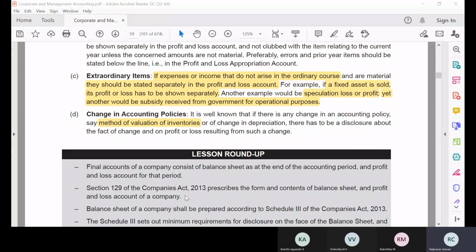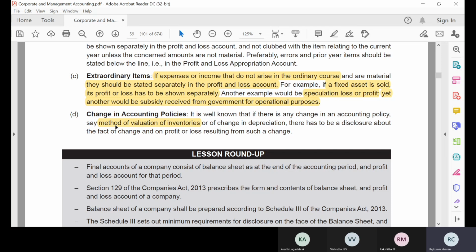Okay, fine. So what are the methods for valuation of inventory? We have LIFO, FIFO, weighted average, and ABC analysis is also one method of valuation of inventory. The company changing the method of valuation of inventory is also a change in accounting policy.